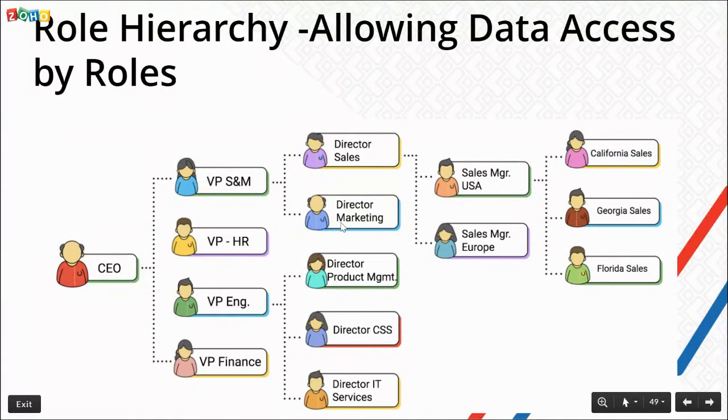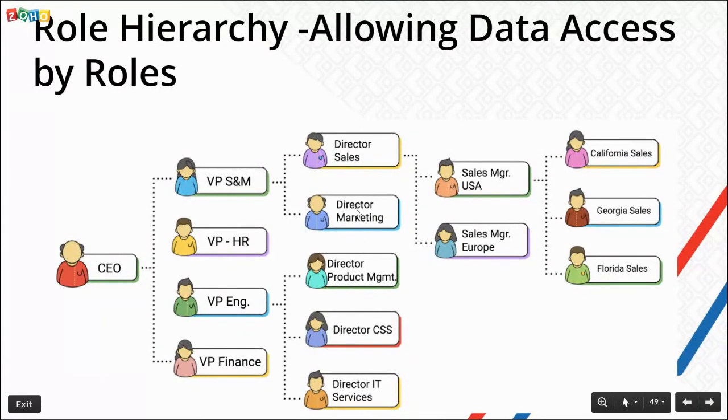Director Marketing would get the data access of whatever Director Sales was handling. Under Director Sales there is a set of employees, subordinates. If data sharing is done, the transactions created by all the employees under Director Sales will be visible to Director Marketing.